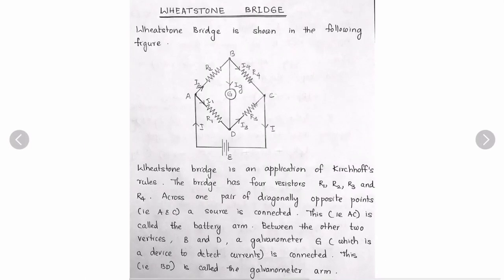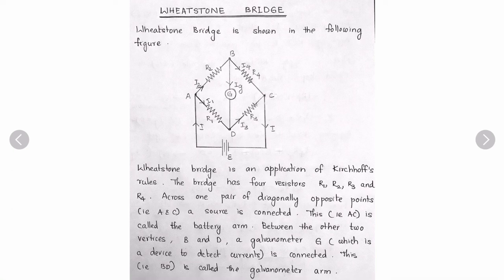So what is this Wheatstone Bridge? This is a Wheatstone Bridge which I have drawn here. It contains 4 arms. A bridge generally means a connection between two places. Similarly, this is a Wheatstone Bridge which is connecting so many branches.